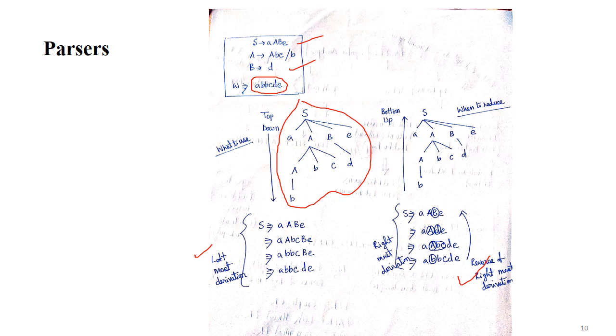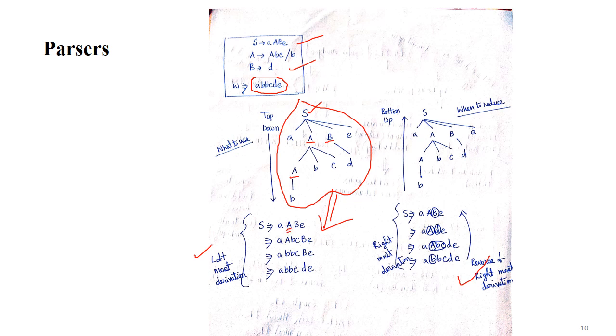I can generate a parse tree like this. This is my top-down parser. I start with the production S, then I replace the A here, then in the same level I replace the B here, and then at the third level I replace A again here. So you can see I have the same leftmost derivation for the parse tree here. All the non-terminals are replaced from the left hand side.